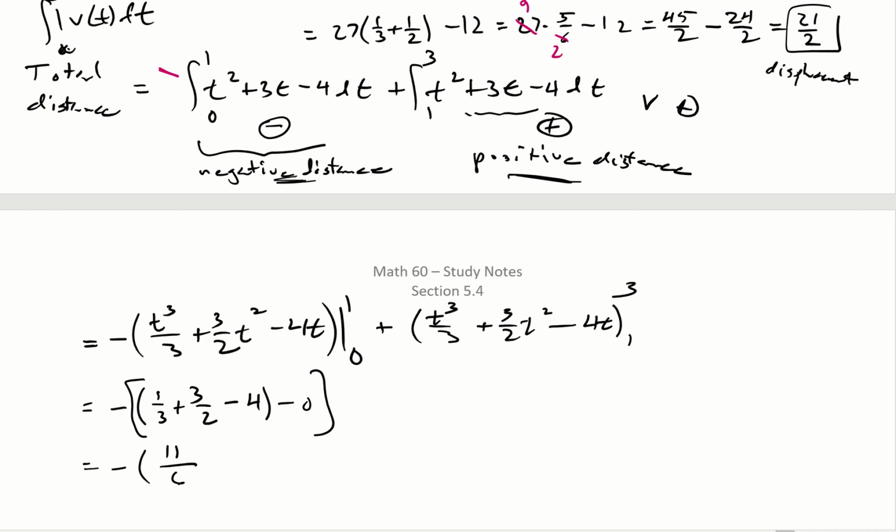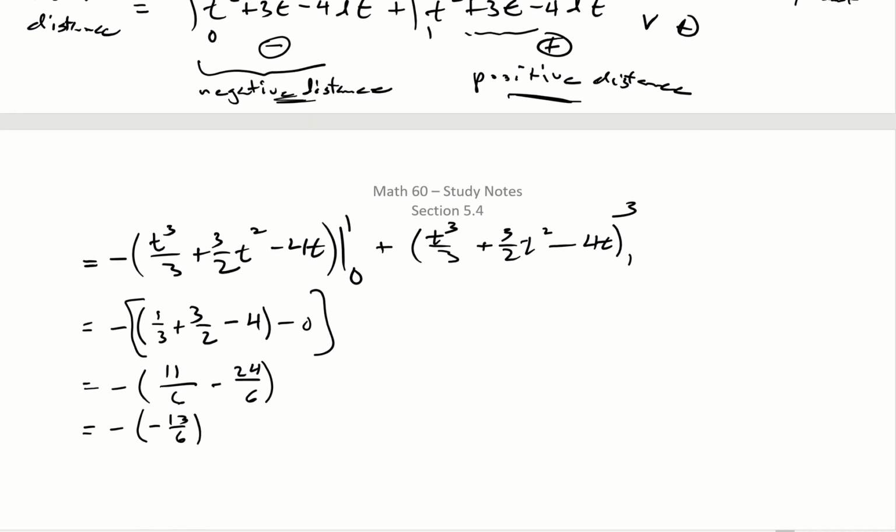Is that so? 2 and 9 is 11, and then minus 4. But another name for 4 is 24/6, isn't it? So in this case, I'm getting a negative, and the distance here is negative 13/6. So it went negative 13/6 downward, let's say. But by putting the extra negative in front, it becomes 13 over 6 miles or whatever it might be.